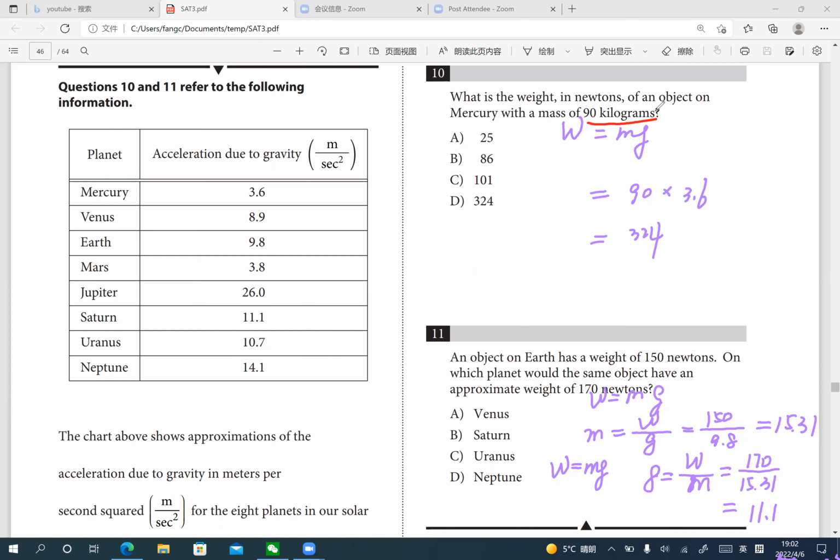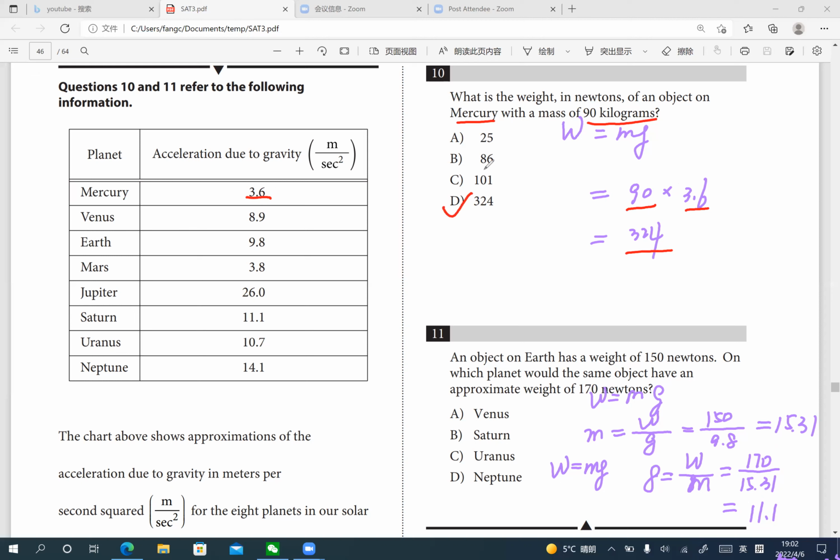And the planet is Mercury. And from the table, we can tell the acceleration on the Mercury planet is 3.6. So 90 times 3.6 is 324. So question 10, we should choose option D.